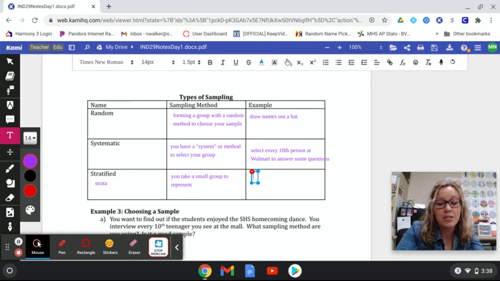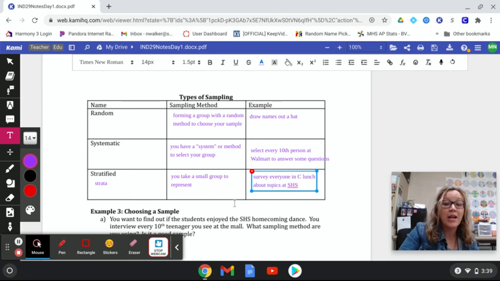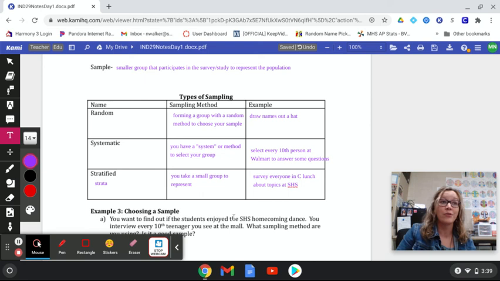So an example of doing this would be to survey everyone in C lunch about topics at the school. And then you would have a representation of all grade levels, probably some different academic levels, just because the lunch schedule isn't built based on certain types of teachers.